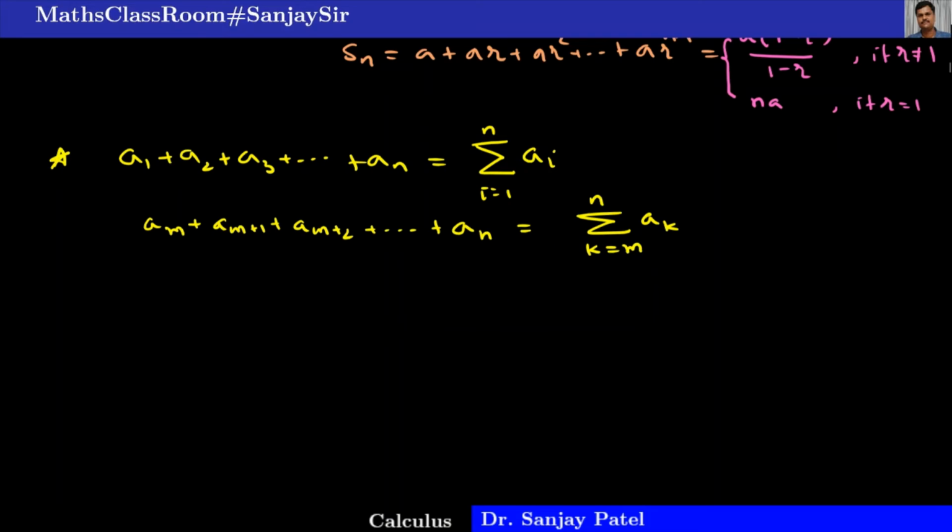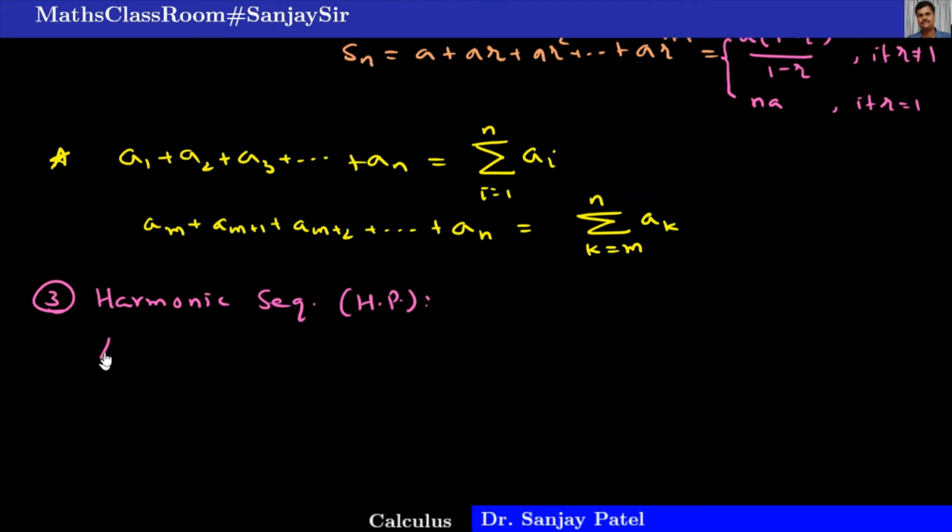What is next, I want to explain the third thing, that is harmonic progression or harmonic sequence. A sequence is said to be harmonic if the sequence formed by taking the reciprocal of that sequence is an arithmetic sequence.